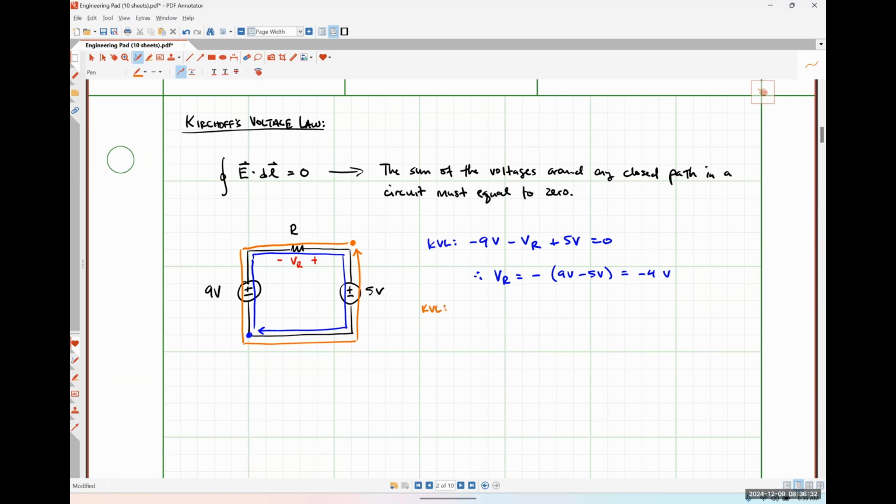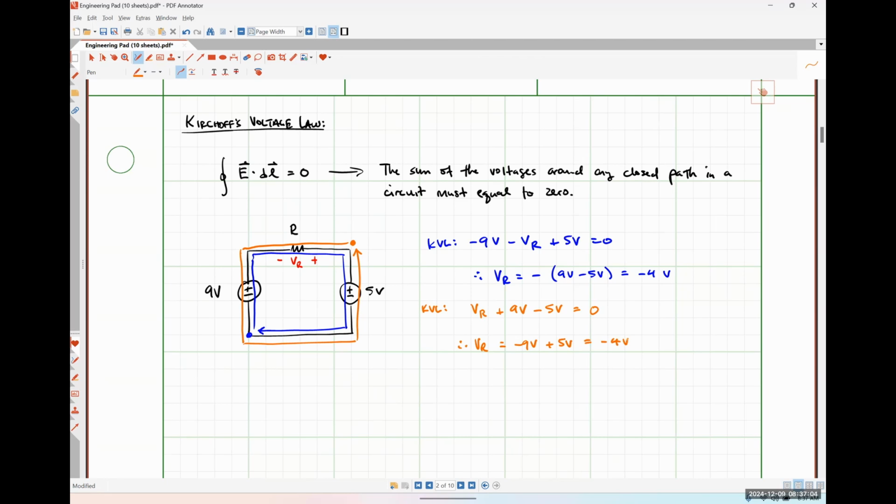So for this path, our KVL equation would look like VR, because we see the positive polarity terminal first, plus 9 volts, because once again we see the positive polarity terminal first, minus 5 volts, because we see the negative polarity terminal first, set that equal to 0, rearrange, VR would be equal to negative 9 volts plus 5 volts, which is once again negative 4 volts.